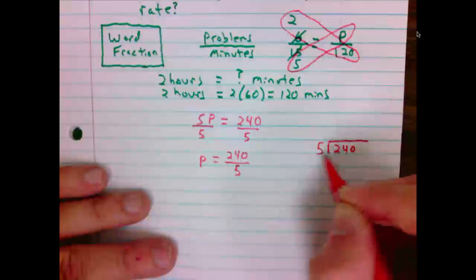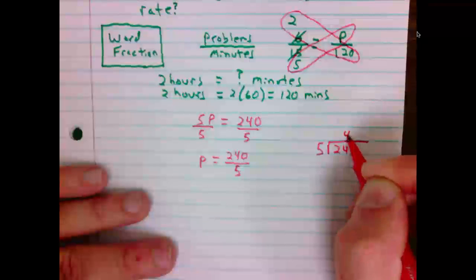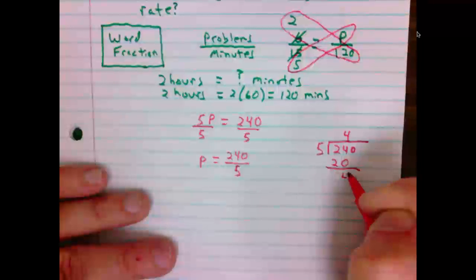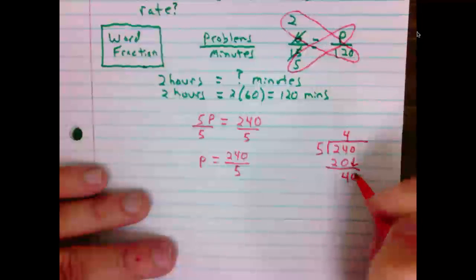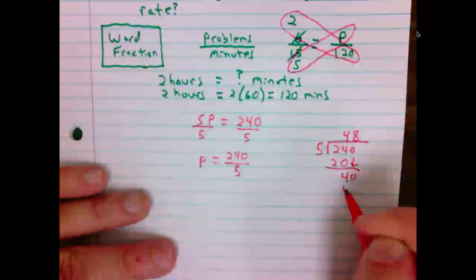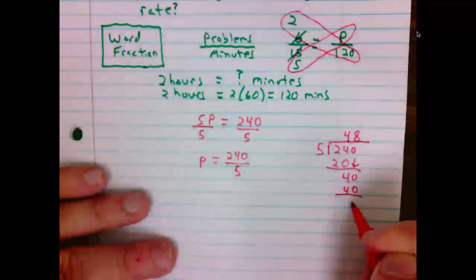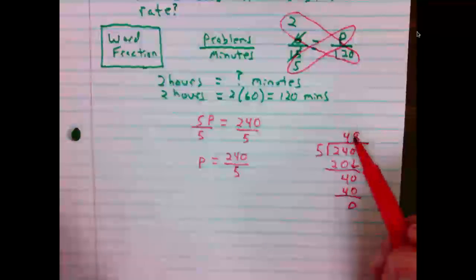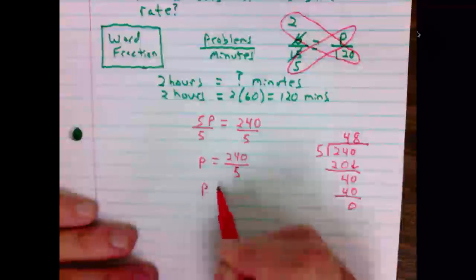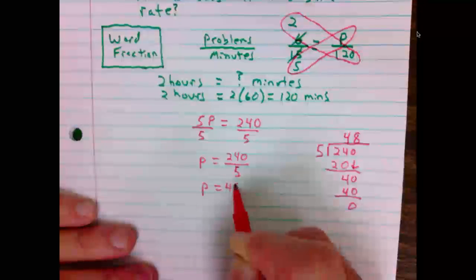No. 5 into 24? 4 times. 4 times 5 is 20. Subtracting, I have 4, bringing down my 0. 5 into 40, 8 times. 8 times 5 is 40. Leaves a 0 here. If I multiply 5 times 48, it will yield 240. So P is equal to 48.